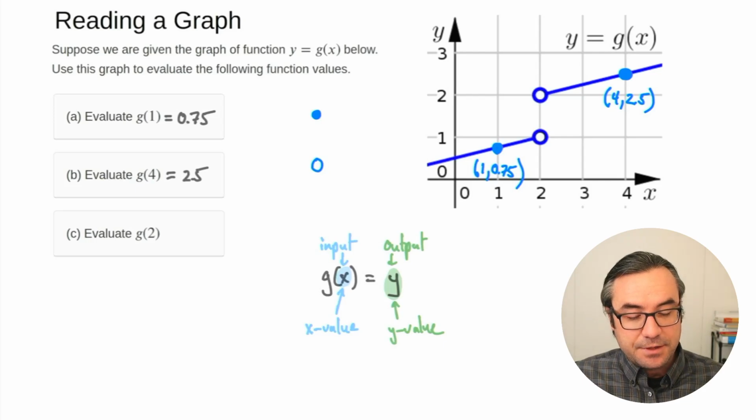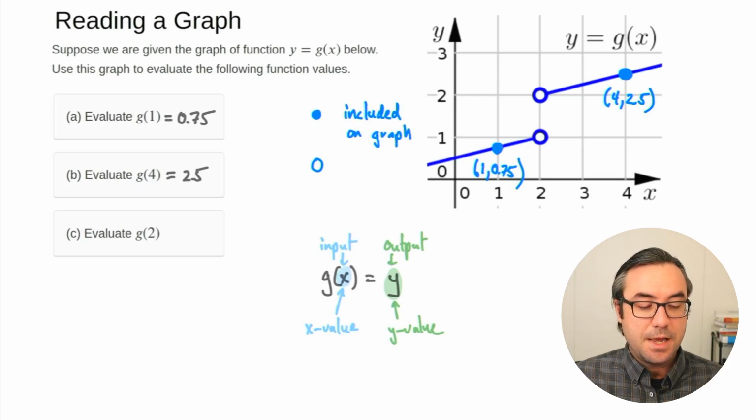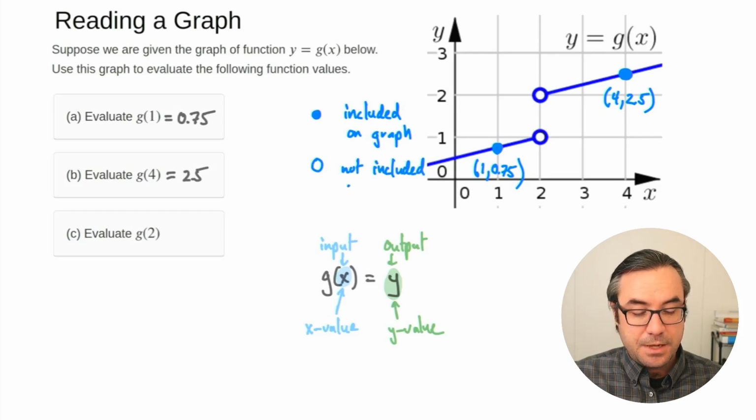If we draw a filled in dot, that means that point is actually included on the graph. If we draw an open dot like right here or right here, that means that point is actually not part of the graph of our function. It's not included in the graph.